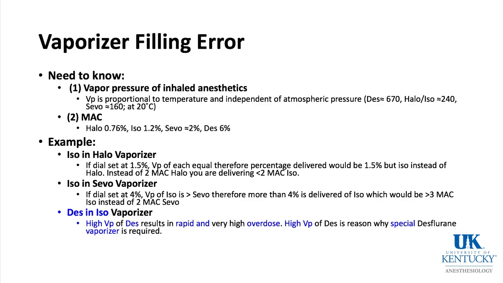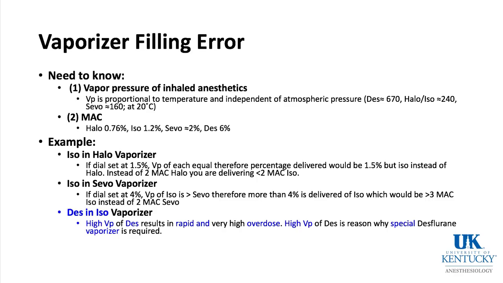We also need to know MAC. Historically, remember, halothane is one of the most potent anesthetics we've had at 0.76%. Isoflurane, of our currently used volatile anesthetics, is very potent at 1.2%, Sevo at approximately 2%, and desflurane at approximately 6%. So as an example, let's say, what if we put isoflurane in a halothane vaporizer?